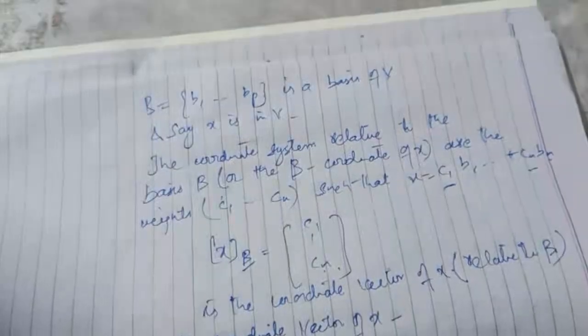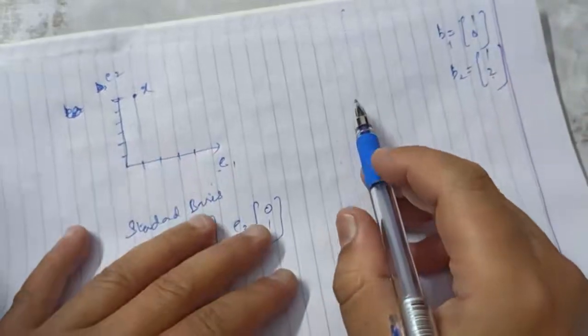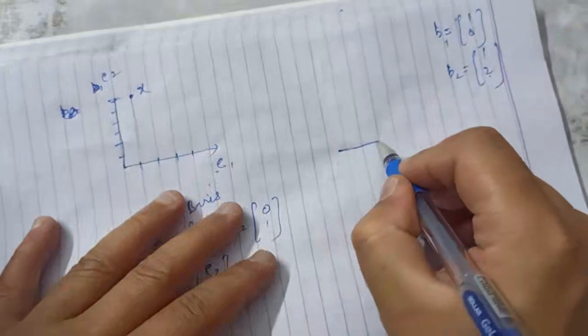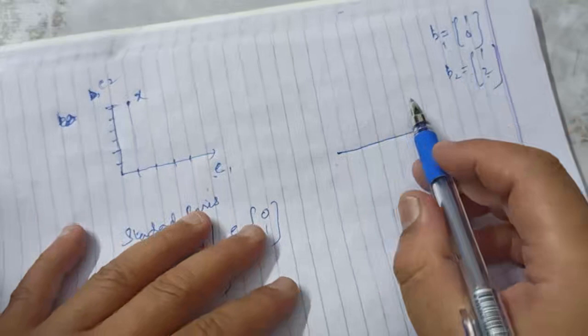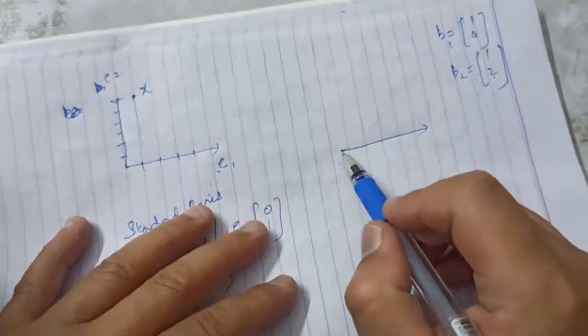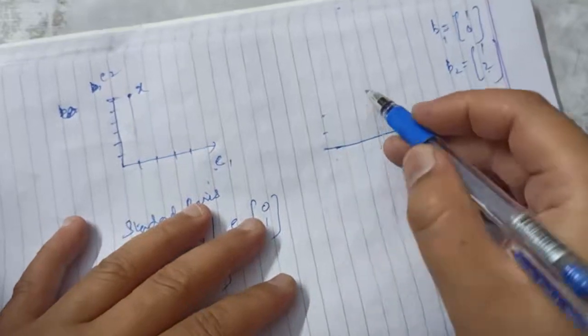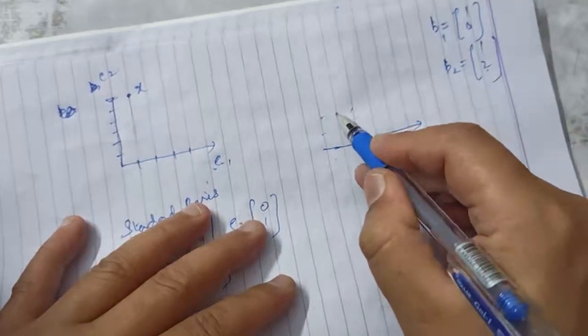Okay, so if I want to draw that basis, this will remain the same, b1 (1, 0) will remain the same, but b2 is (1, 2), right? So if you look from the conventional point of view, (1, 2) points on that side, so there will be a vector (1, 2) somewhere here, right?